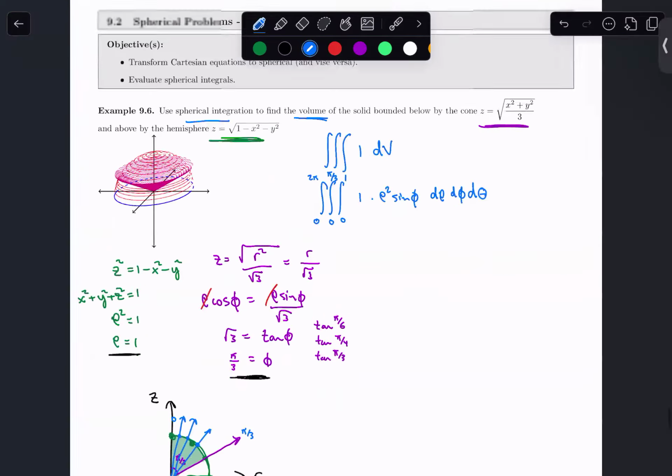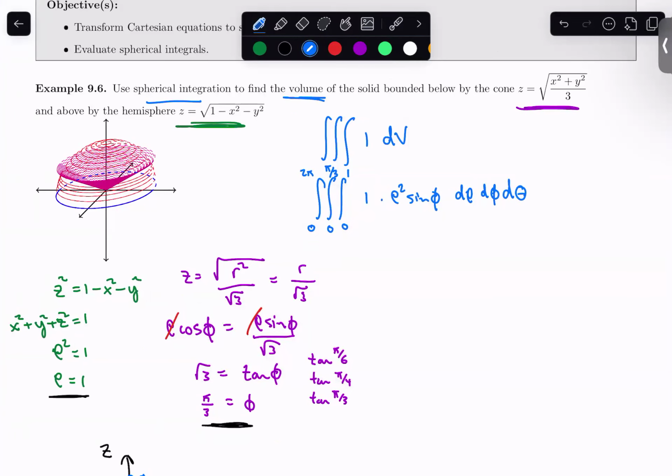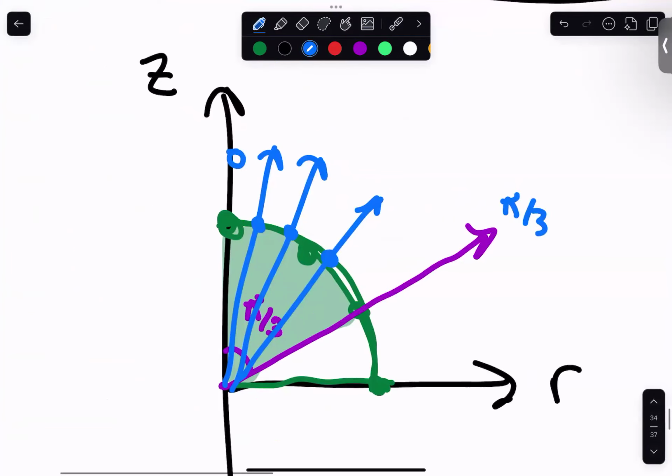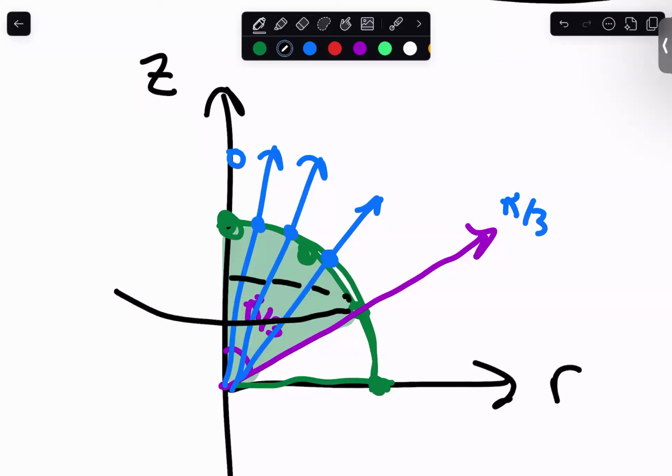All right, so now we have the good setup here. And by the way, if we wanted to get the 3D picture, just as we did in the pre-class video, we could take this and rotate it around the z-axis. And so it's this ice cream cone shape here that we're trying to find the volume of.